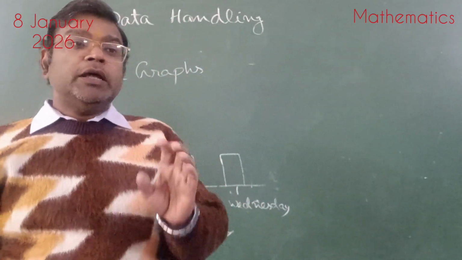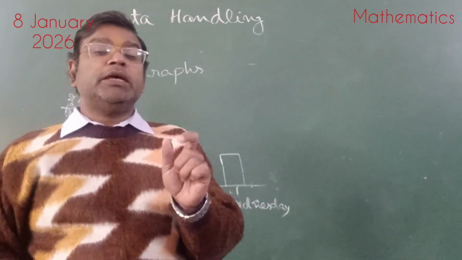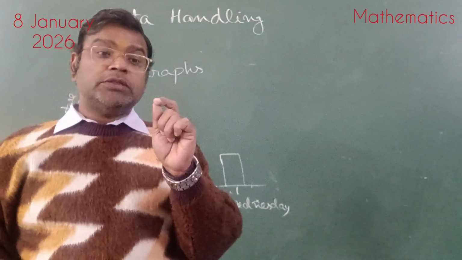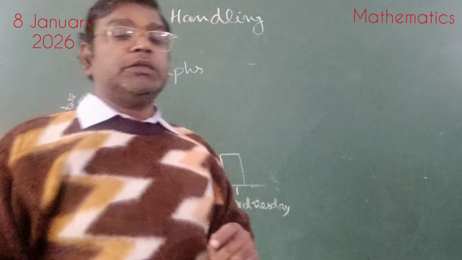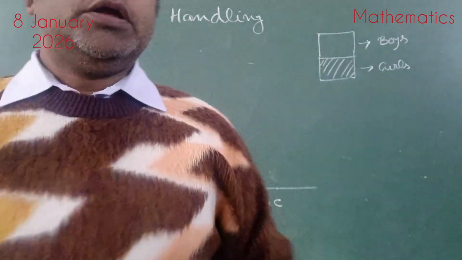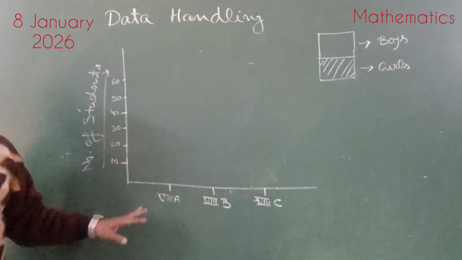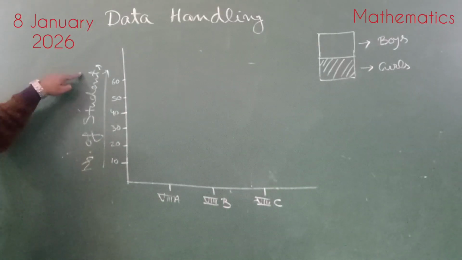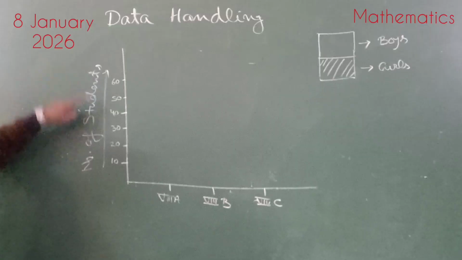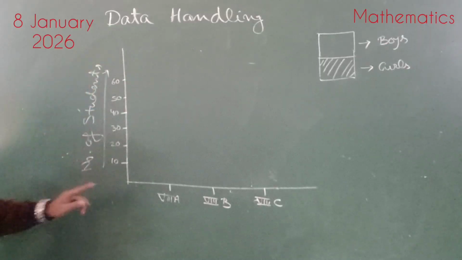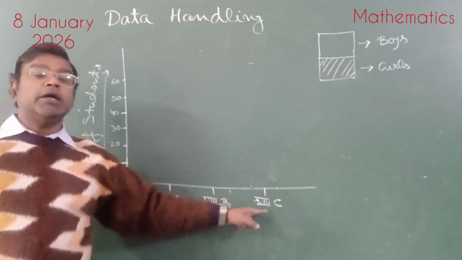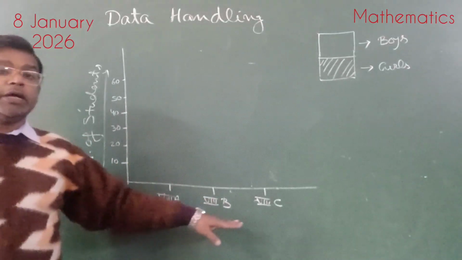Whenever we compare the same thing in the same bar graph, this is known as a double bar graph. See this example. We have the number of students, a variable quantity, represented on the y-axis, and the fixed ones, 8A, 8B, 8C, represented on the x-axis.